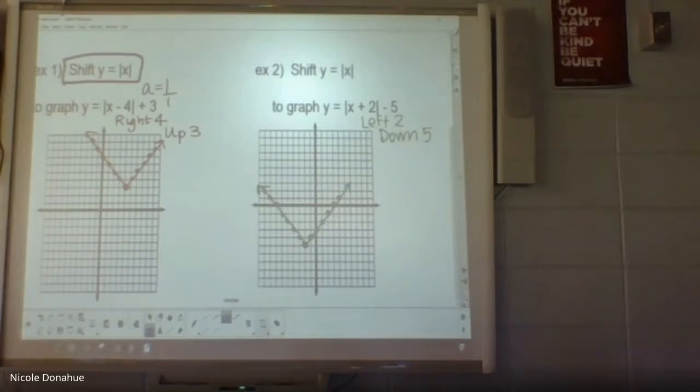All right, the bottom two, the reason those are tougher is because the A value is no longer 1. So let's look at those two together and see if we can figure that out.